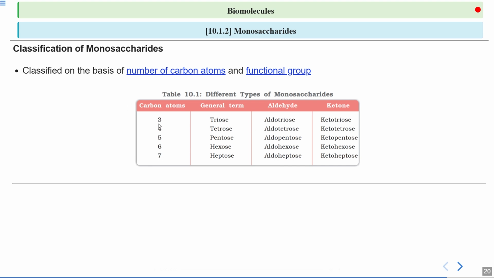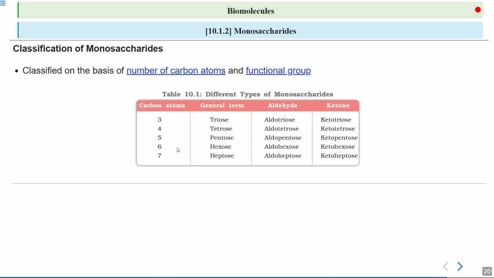If the number of carbon atoms is 3, the general term is triose. In case of aldehyde, it is aldotriose, and in case of ketone, it is ketotriose. If carbon atoms are 4, the general term is tetrose. With an aldehyde group, it is called aldotetrose. With a ketone functional group, it is called ketotetrose.